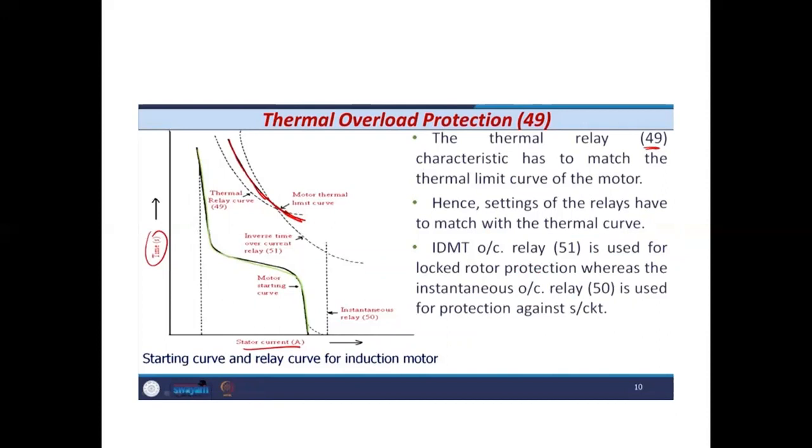Okay, so let us see how we can apply the thermal overload protection in the case of an induction motor. As I have told you, 49 is the number specified for the induction motor.